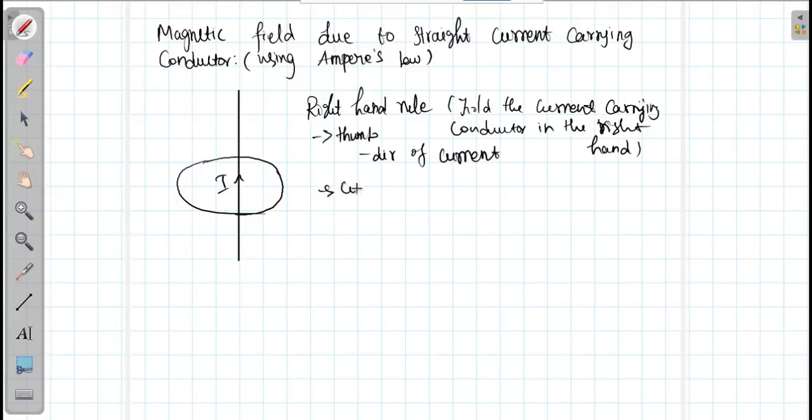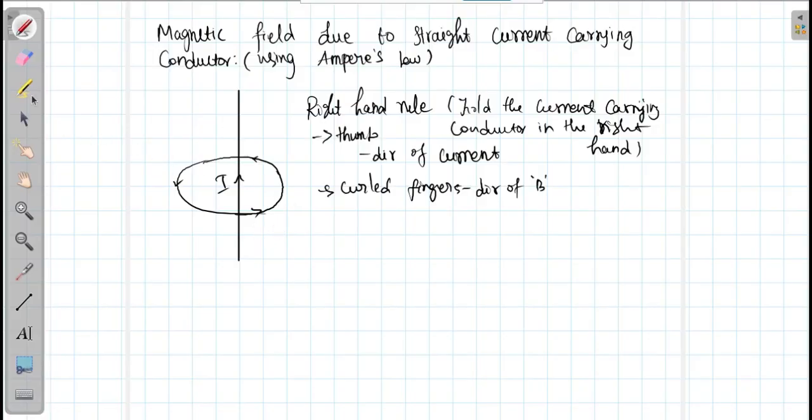Then the curled fingers represent the direction of magnetic field. For this case, the magnetic field will flow in this direction.